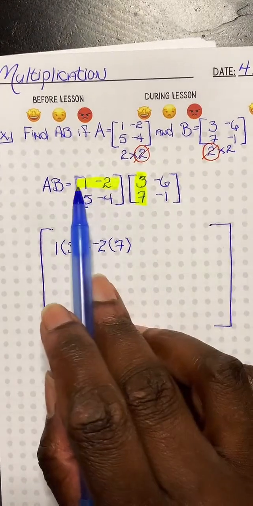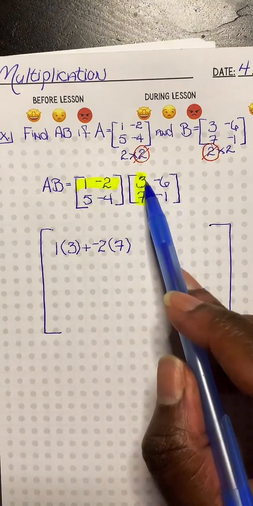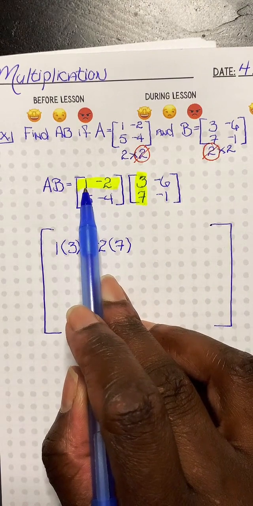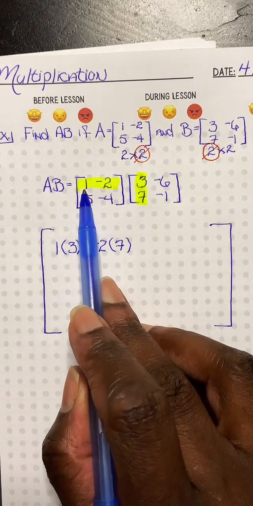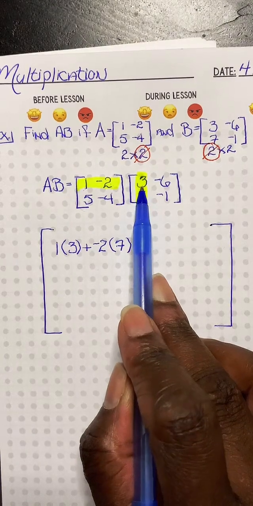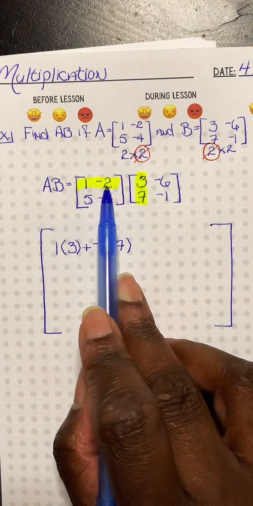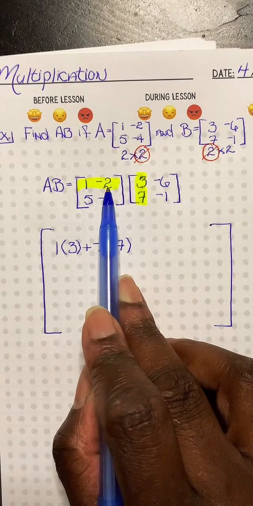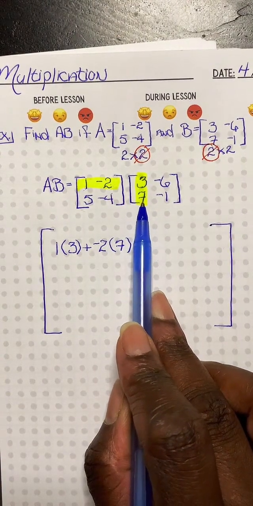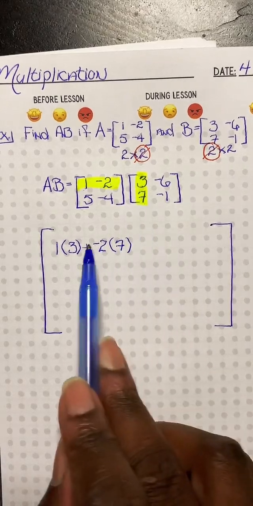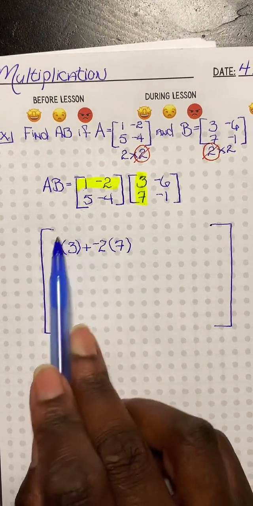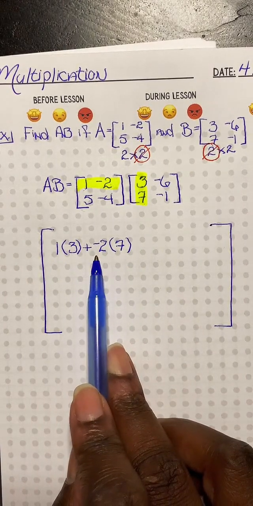So I'm combining the first row with the first column. I'm going to multiply the first row, first element with the first column, first element. Then I do the first row, second element with the first column, second element. The answer to that is going to be in this first row, first column spot.